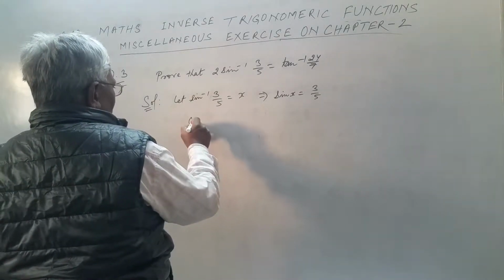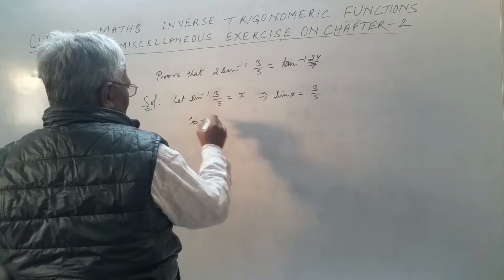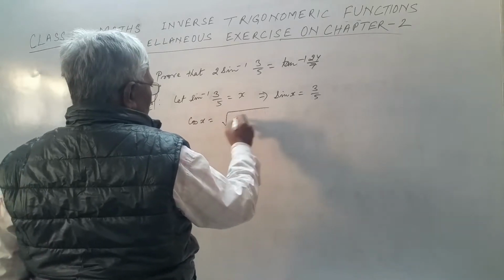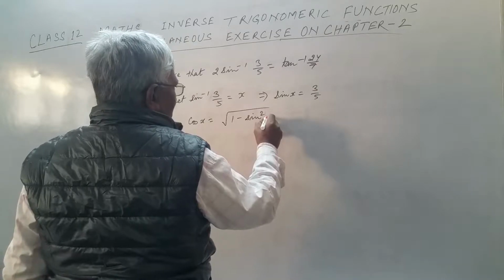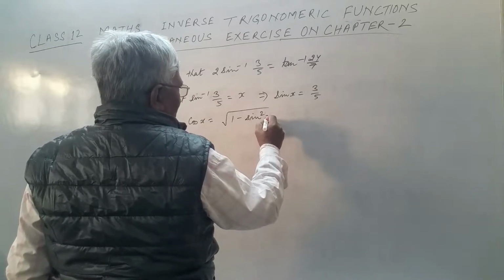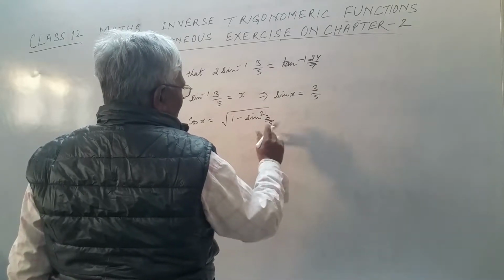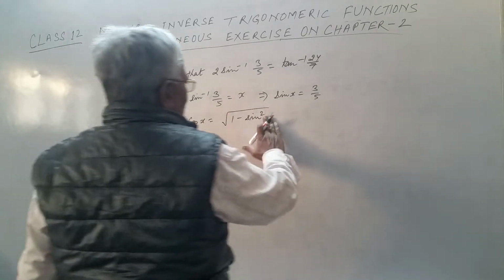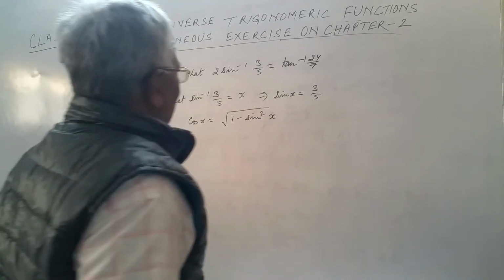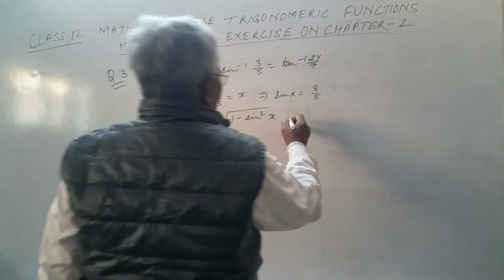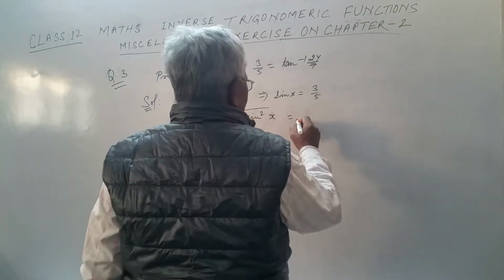You will get cos x is equal to root over 1 minus sine square x.